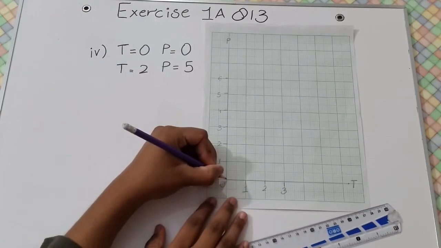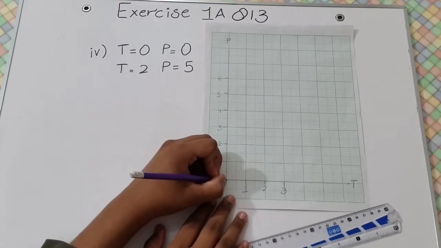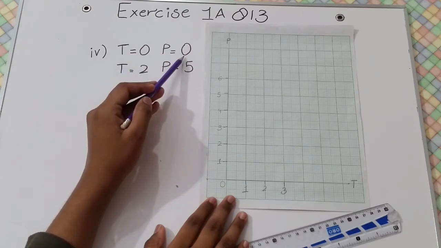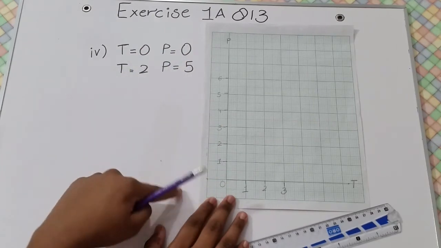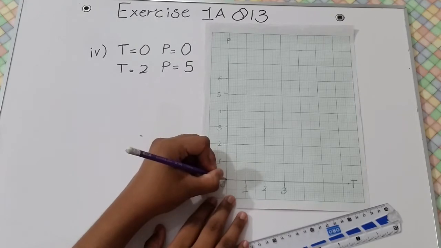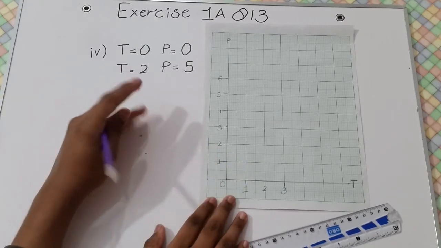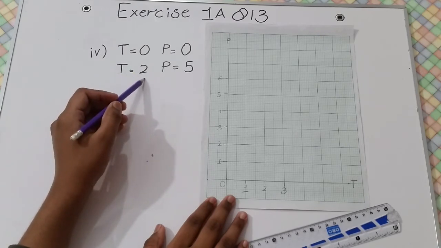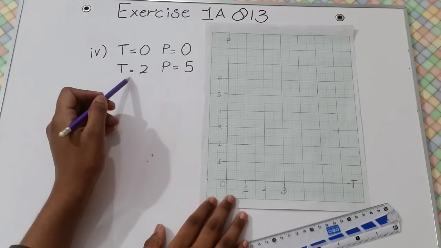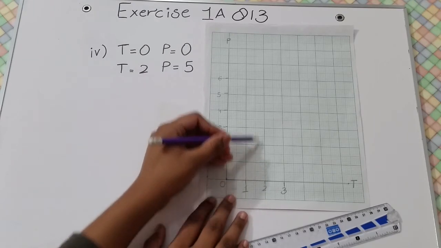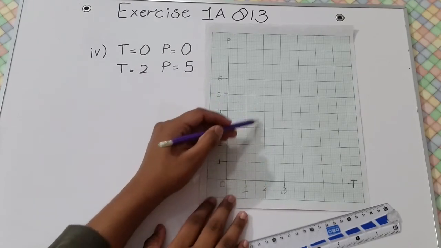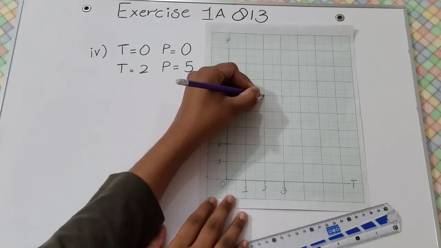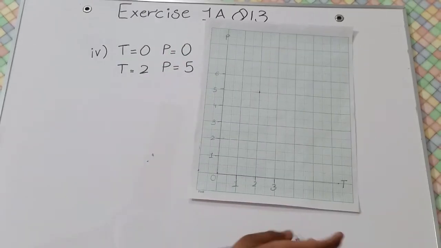So the first value is 0 and 0. We have plotted the first point over here, and for the next point, t is 2 and p is 5. So 2, 5. Then we are just going to simply join the points.